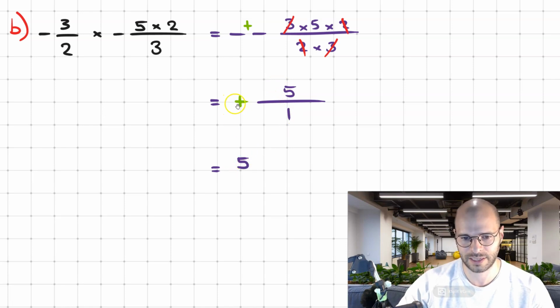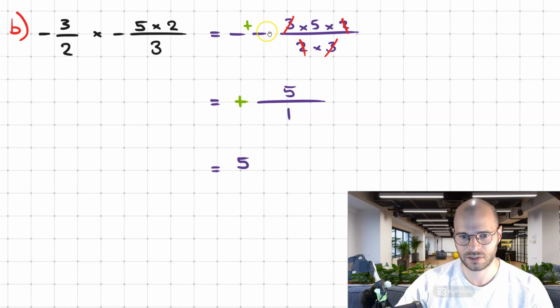The plus doesn't need to be there, I've just put it there so you can see the two negatives make a positive. So in summary, negative 3 over 2 times negative 5 over 2 all over 3 is the same as writing 5. We found this out by simply following the process that we did above.